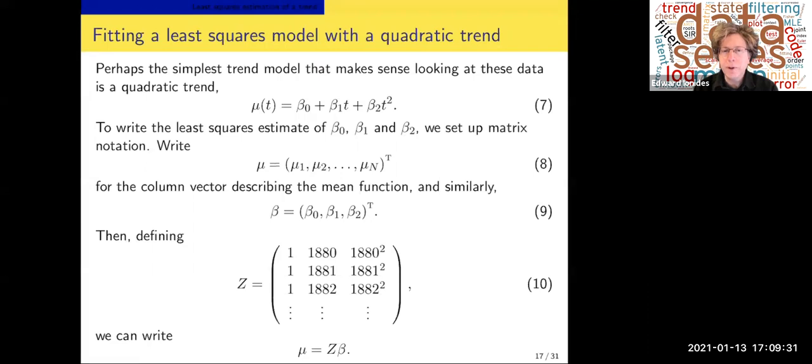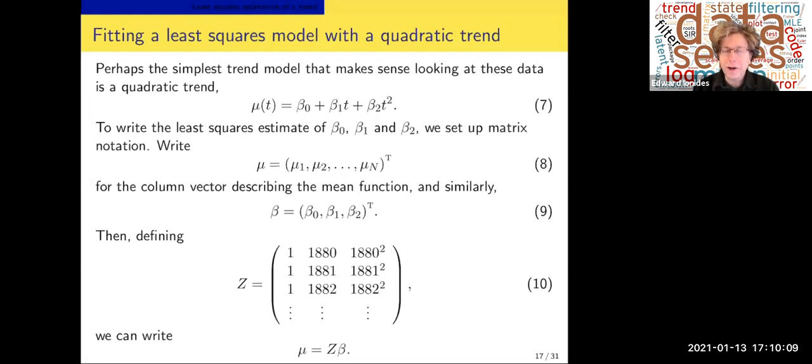We set mu to be mu1 through mu(n) as a column vector, and we set beta to be a vector of parameters. We set Z, the matrix of covariates, to have 3 columns: a constant, the year, and the year squared, and then we write mu equals Z beta. This is the matrix approach to linear regression, which I'm expecting most of you have seen before. I have a reference coming up if you want to check it out.